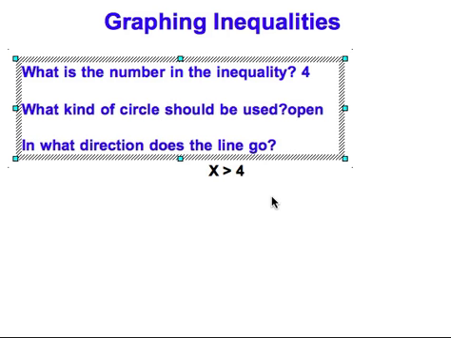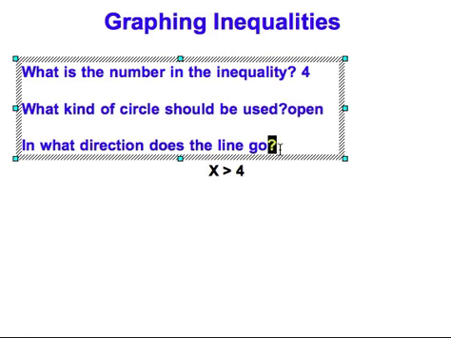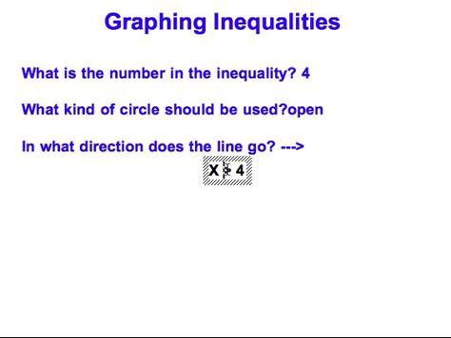And in what direction does the line go? Well, my variable is on the left, which means my arrow here is pointing to the right. So when I go to graph, I know that my arrow is going to be pointing to the right, just like the inequality symbol is pointing.